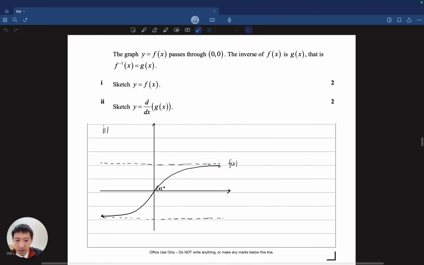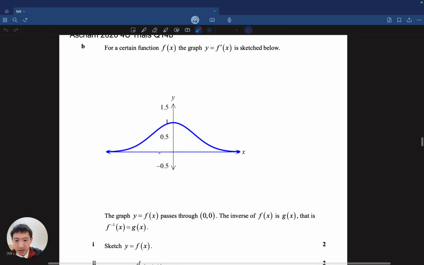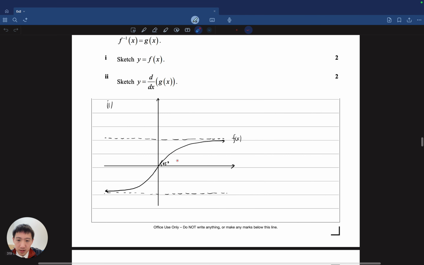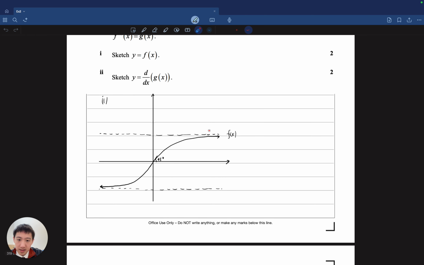Now when you sketch it, you notice there is an asymptote in the actual derivative graph, so you should draw an asymptote here in the original function. However, this is not always the case.